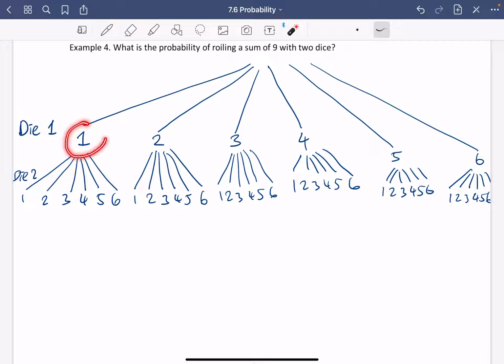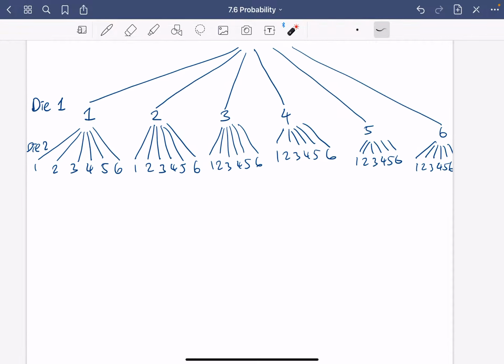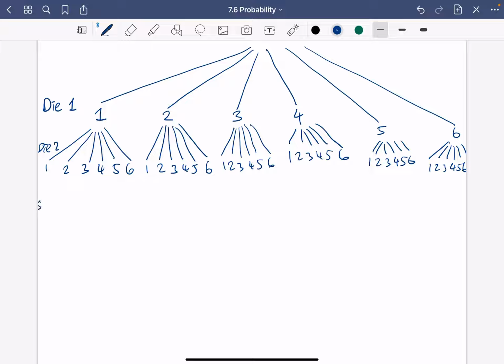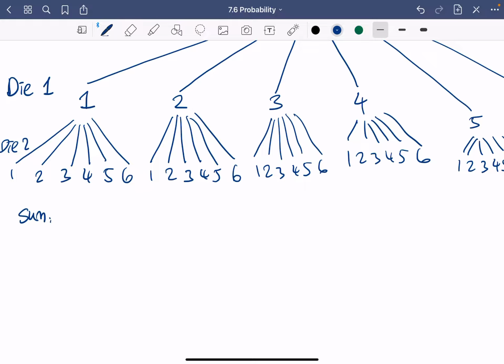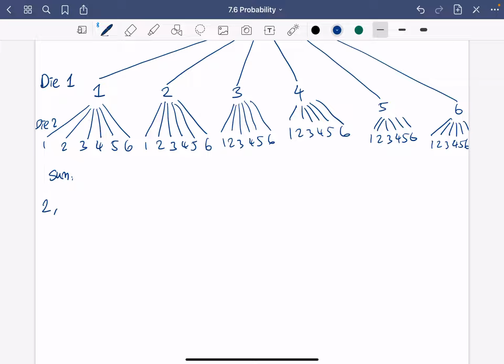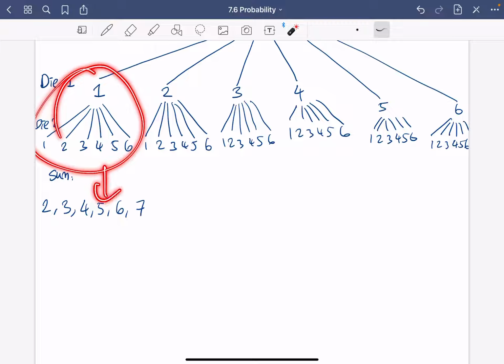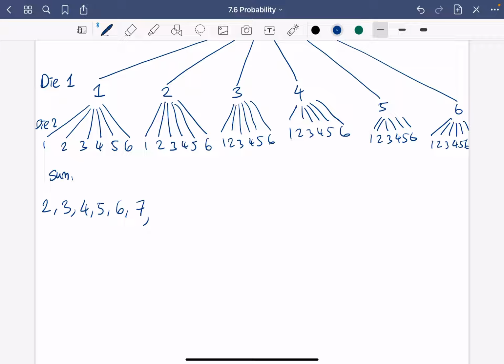Well, if you have the first one as 1, then 1 plus 1 is 2. Let me just write down the sample space. Sum: 1 plus 1 is 2, 1 plus 2 is 3, and then 4, 5, 6, 7. That's from the first part. And then from the second part, 2 plus 1 is 3, 4, 5, 6, 7, 8.